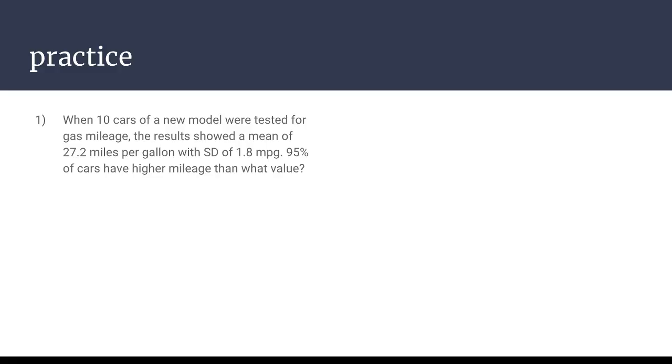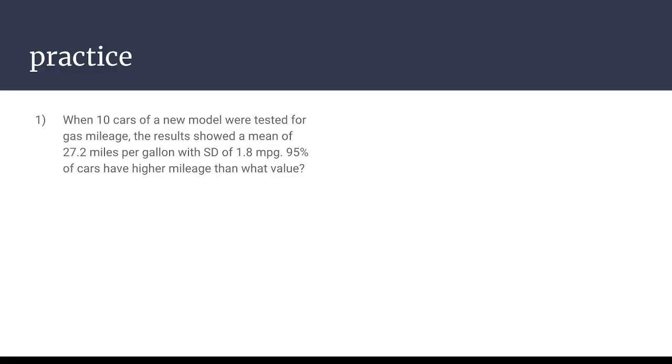Sorry, this should be x, not x bar. This is x, because 27.2 is x bar. So then we get 26.156. Does everybody get how I got from this step here and just did algebra?